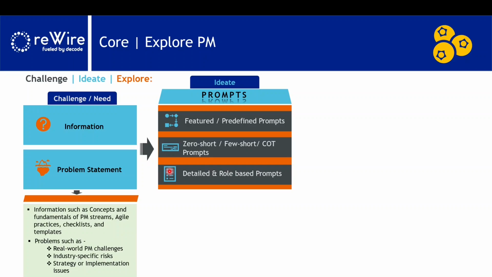So for any GenAI assistant, you need to feed the information as much as possible. That is one way. The second way is you need to ask for the right information in the right way. Okay, then you will get the response that you are expecting, and you can customize it based on your need.